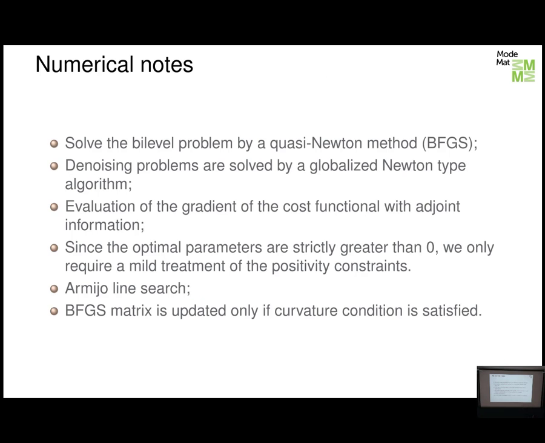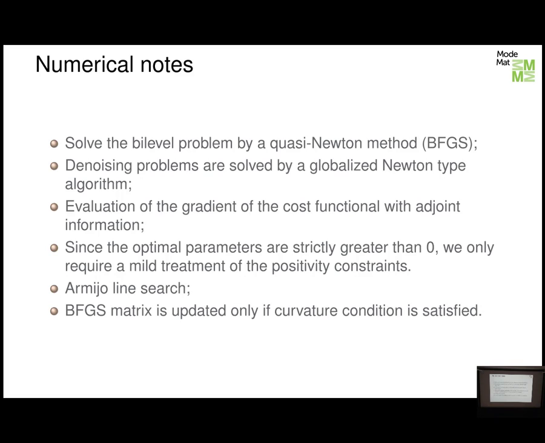So for the numerical approach, what we actually used for solving the bilevel problem is some sort of quasi-Newton type method. And for each denoising problem, since we already had a regularization going on, we use a semi-smooth Newton method, a globalized one in that case. The evaluation of the gradient was performed using the adjoint information we had before.